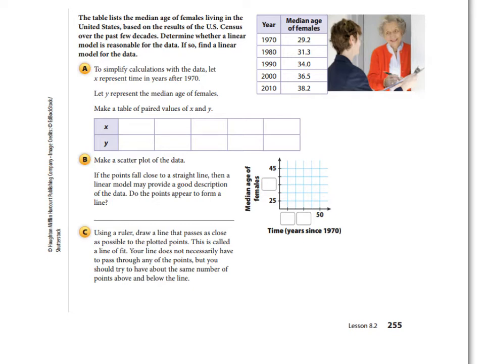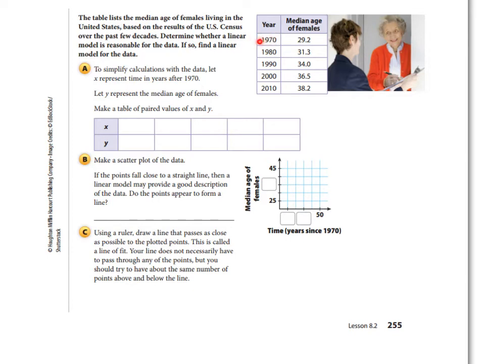Now, in order to not have such big numbers to deal with in the year, a lot of times they'll give you a statement such as, let X represent time in years after 1970 in this case. So that means we have to subtract each of those years by 1970.